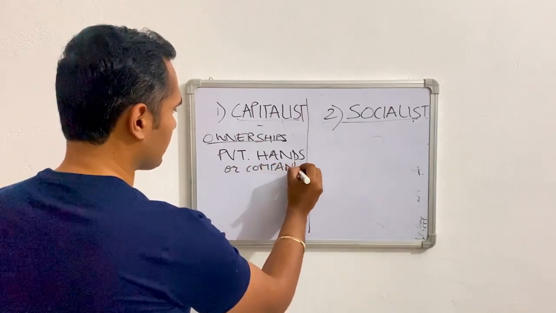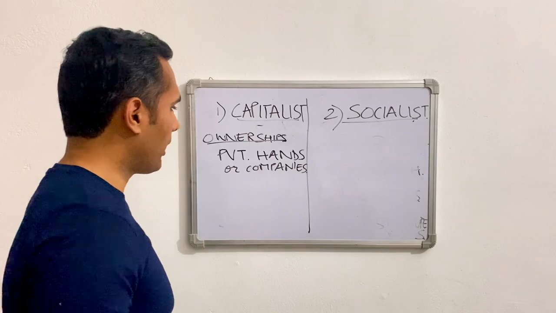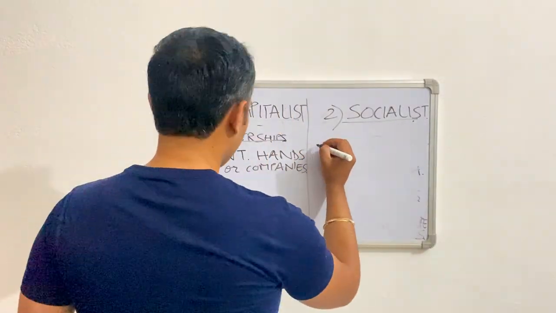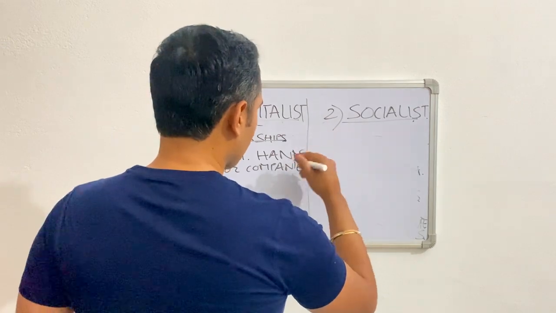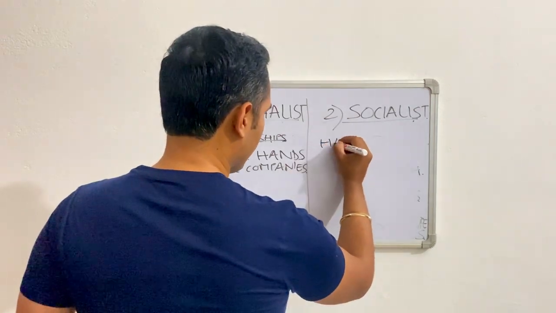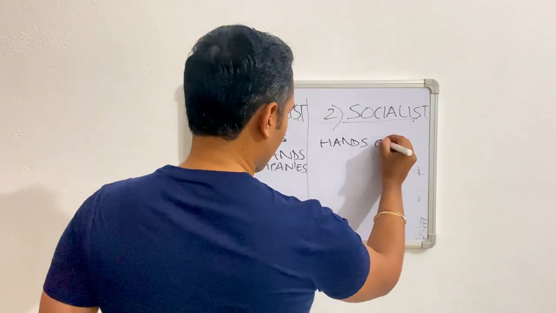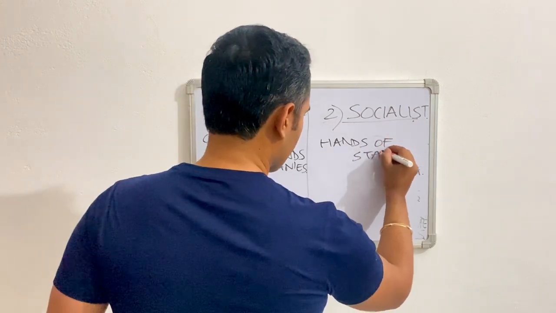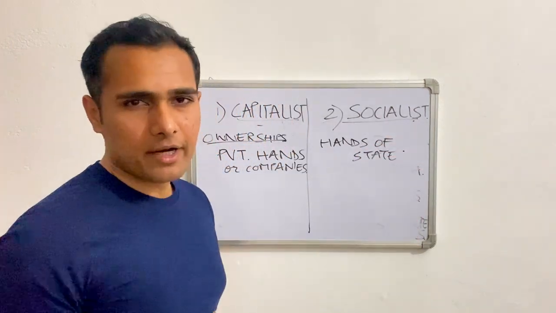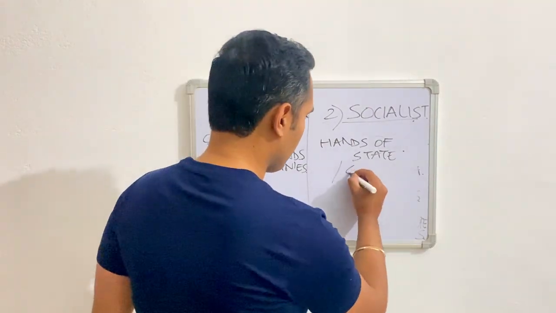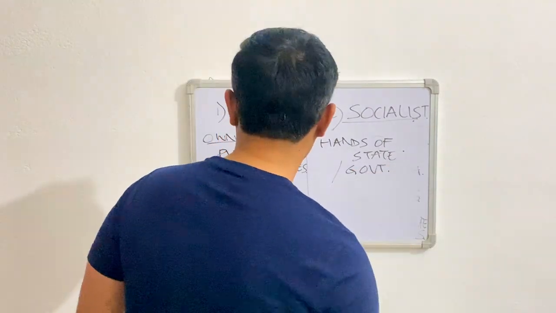So the goods and services are basically controlled and owned by the companies in a capitalist scheme of economy, but in a socialist scheme, this ownership is in the hands of the state, or you can say that it is in the hands of the government of the country.